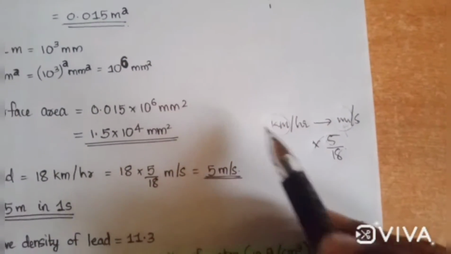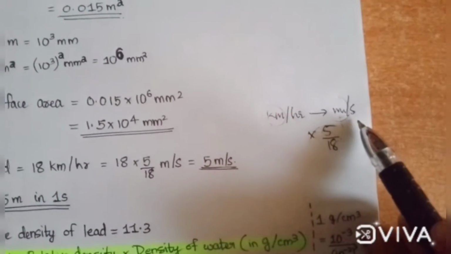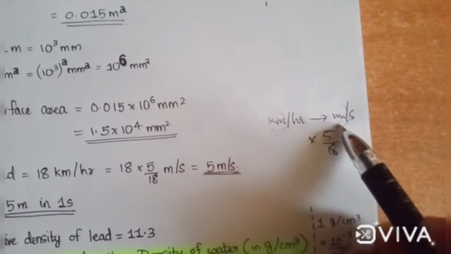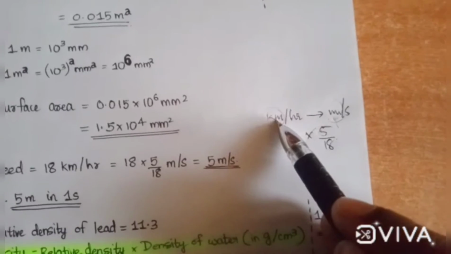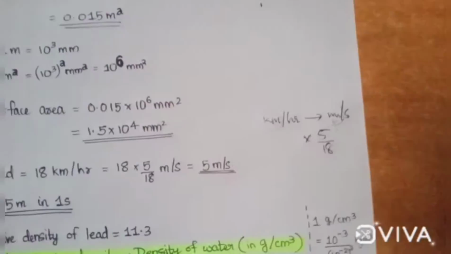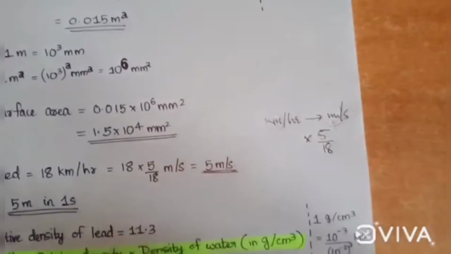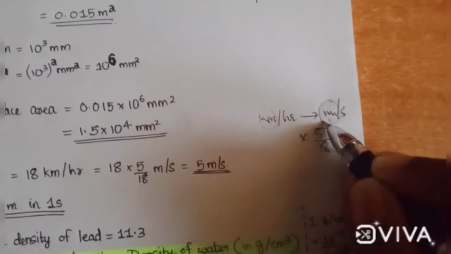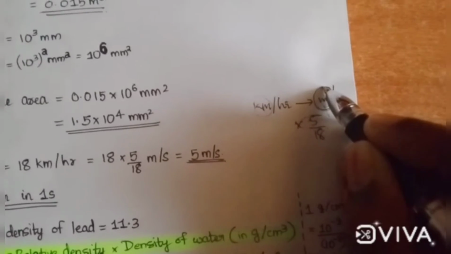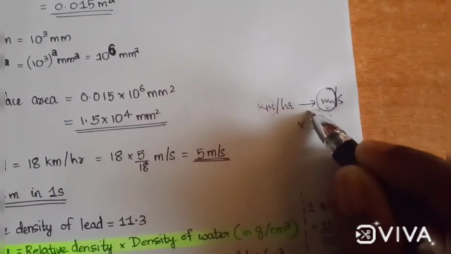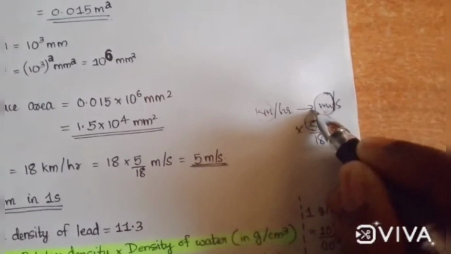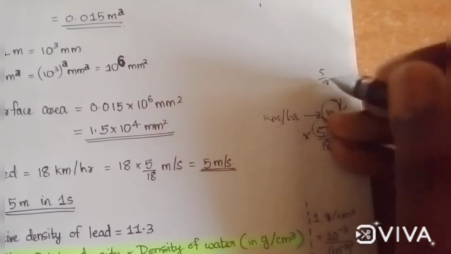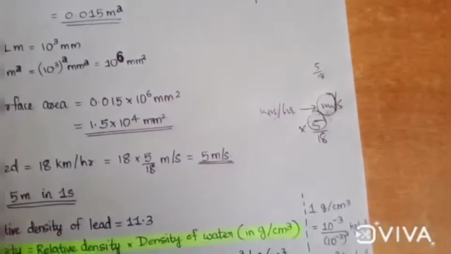we have to convert kilometer per hour to meter per second. So meter is the small unit compared to kilometer. So to convert into meter per second, we have to multiply 5 by 18. We have to convert it to a small unit, so the small number should be on the numerator. And we all know that 5 by 18 or 18 by 5 is the number to get multiplied.